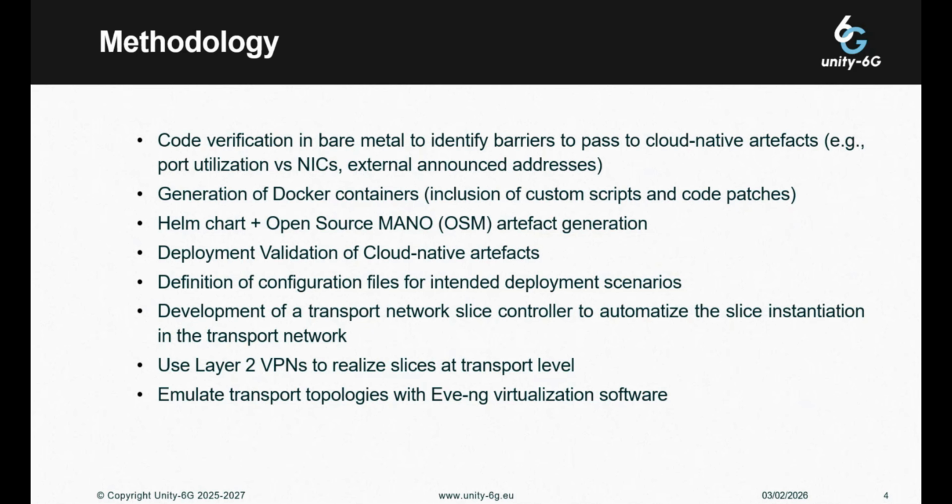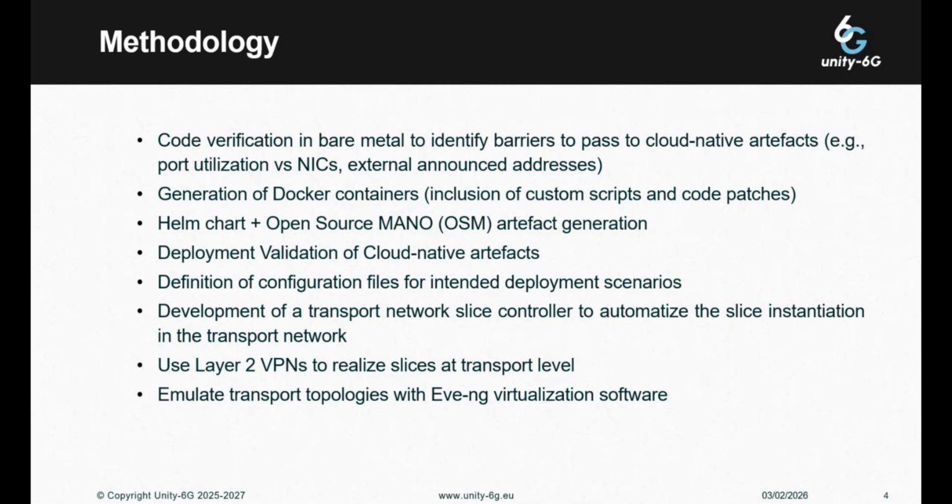So for instance, we need to know which ports were exposed between entities in order to enable them during the deployment. Also, how the different software processes bind to the interfaces, in order to announce external addresses to be able to intercommunicate different network entities.